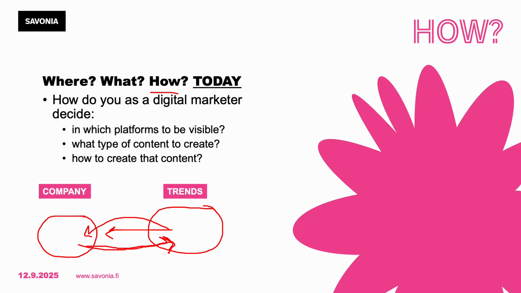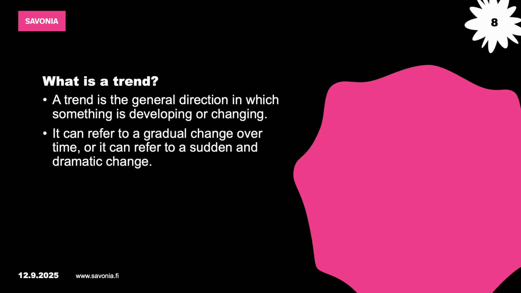Now, this is going to make more sense as we dive into the next section, which is going to be all about trends. So what is a trend? A trend is the general direction in which something is developing or changing. It can also refer to a gradual change over time, or it can also refer to a sudden and dramatic change.